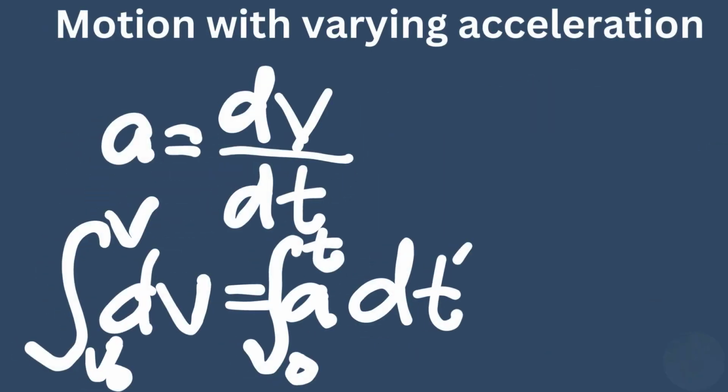Now, to solve the equation of motion, we recall the definition of acceleration, denoted by a, which is given by the derivative of the velocity v.